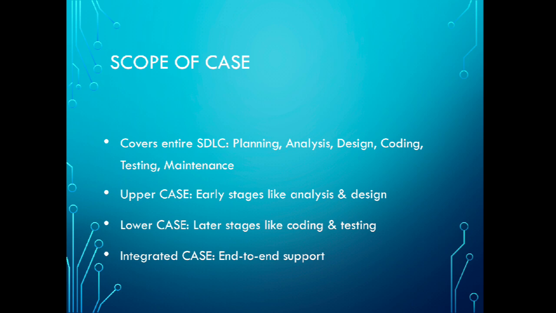Integrated CASE tools are comprehensive suites that provide end-to-end support for the entire SDLC. IBM Rational Suite is a well-known example of an integrated CASE tool. So, as you can see, the scope of CASE is incredibly broad, touching every single part of the software project. This holistic approach is what makes them so powerful. We'll move on to the next slide.